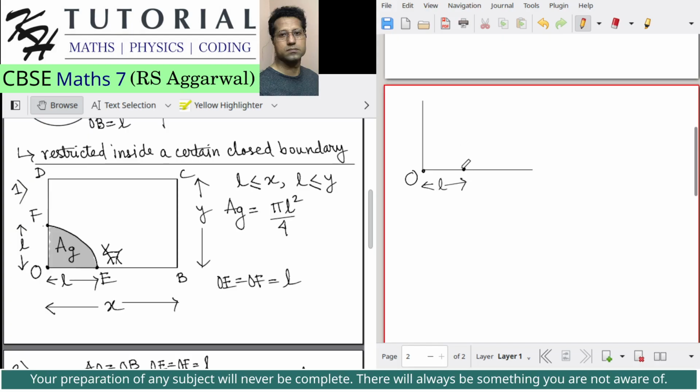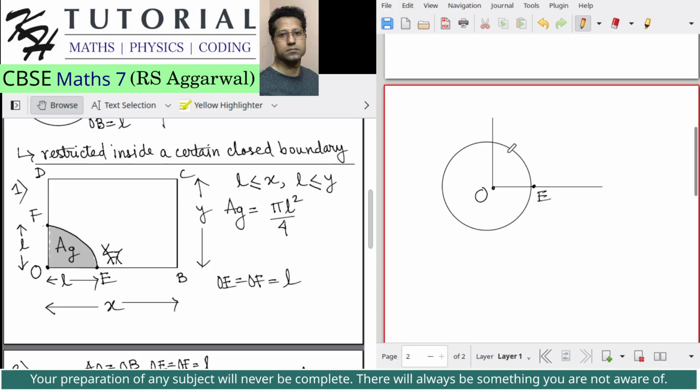If you consider the circle, if there was no boundary and I draw a circle centered at O with OE as the radius, it would be something like this.